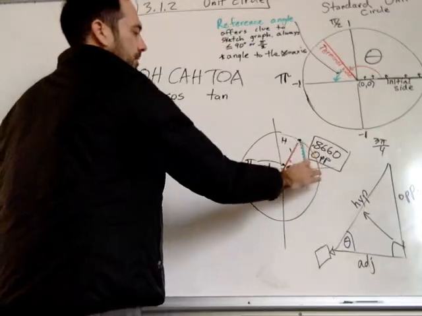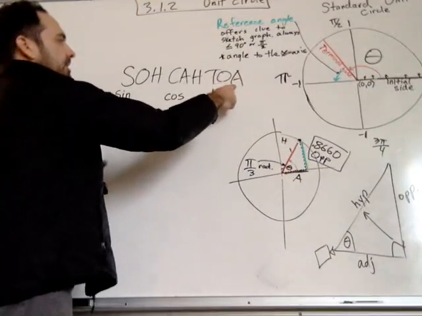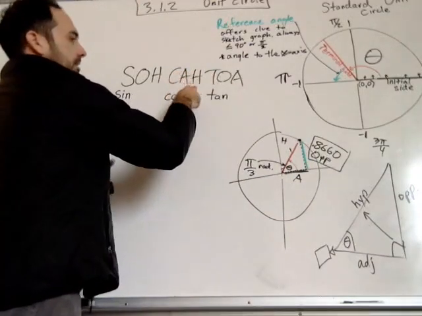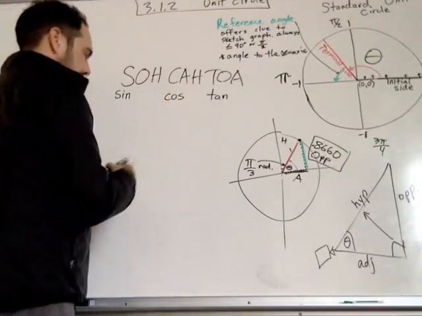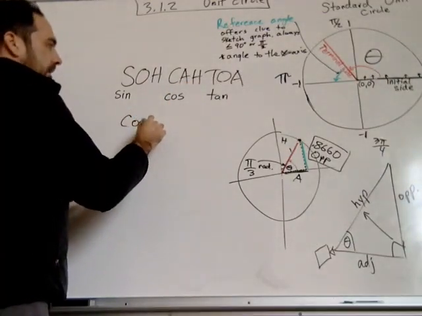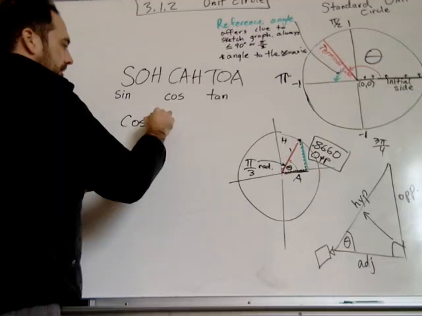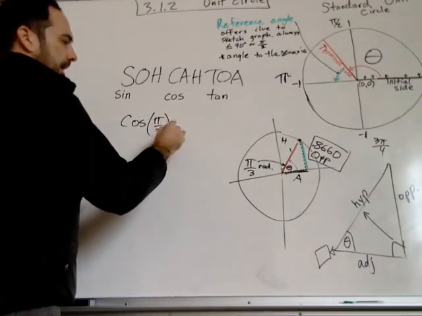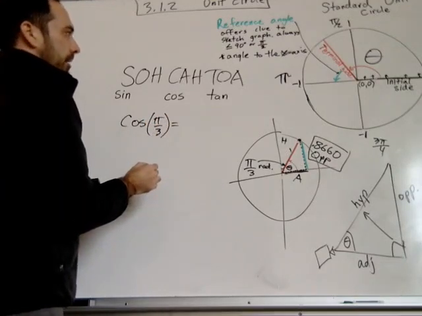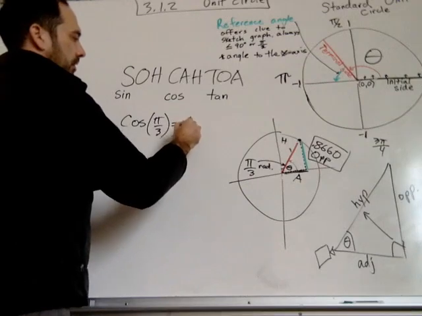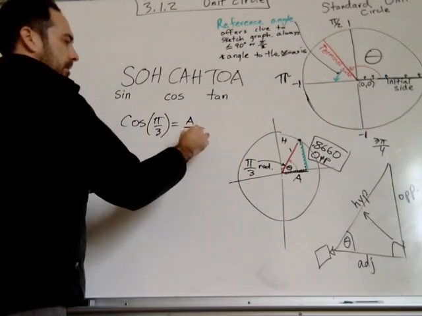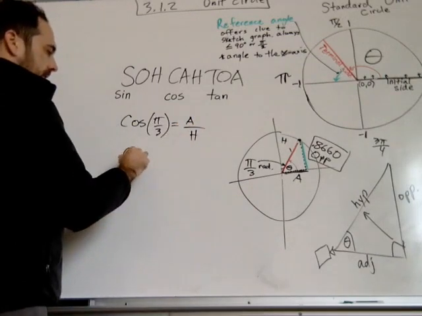So we know the hypotenuse, we know the adjacent. Let's see, opposite adjacent, adjacent hypotenuse. Adjacent over hypotenuse is cosine, so I'm going to do cosine of my theta, which is pi over 3, and that's equal to the adjacent, which is what we're looking for, over the hypotenuse, which is 1. Okay, so just rewriting that.